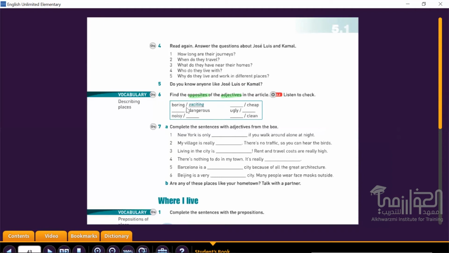What is the opposite of dangerous? Who can give us that?